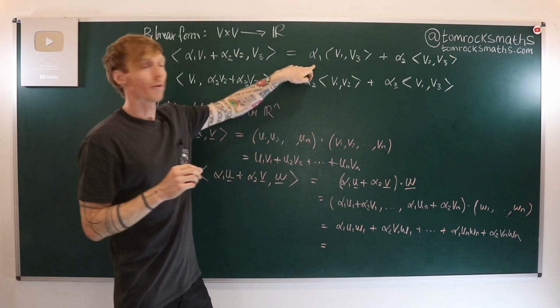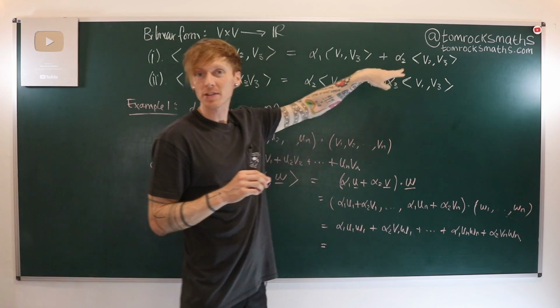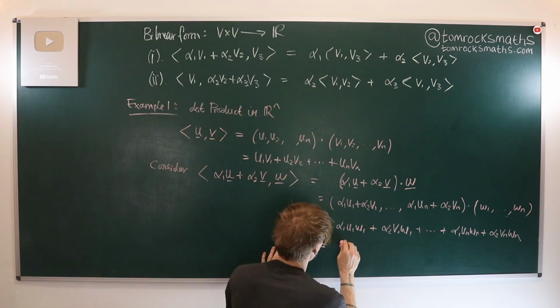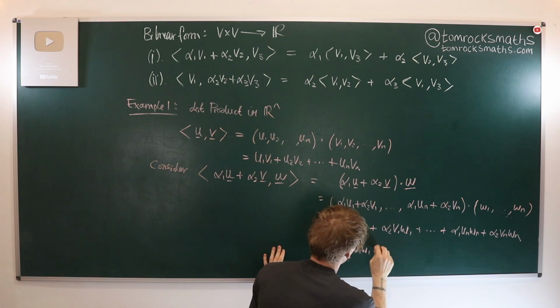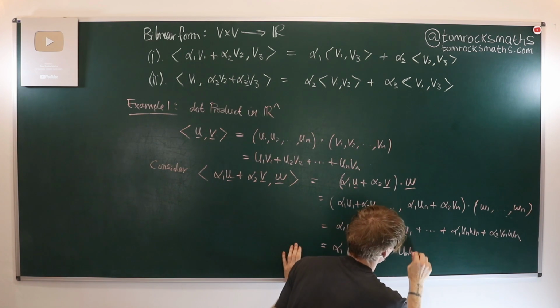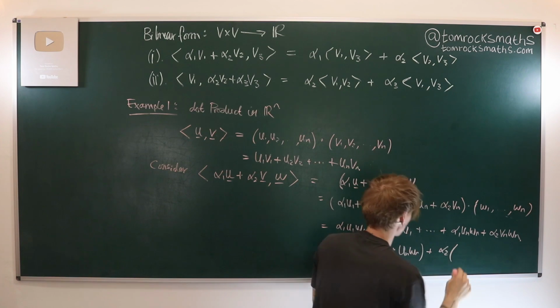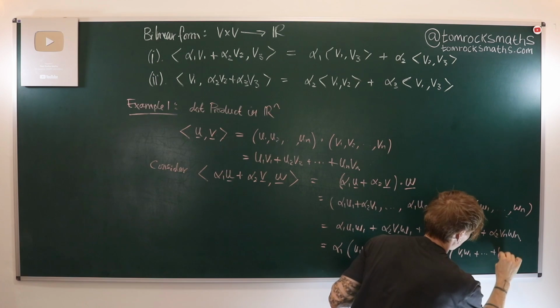So we can see that alpha 1 is pulled out at the beginning, our scalar, and similarly, we want all of the terms multiplied by alpha 2. So if we group those together, we bring out alpha 1, and then we're left with u1 w1 plus dot dot dot up to un wn. And similarly, alpha 2 comes out, and then we've got v1 w1 plus dot dot dot plus vn wn.